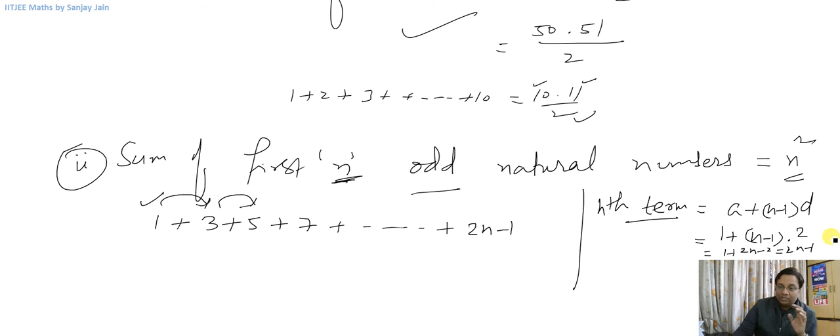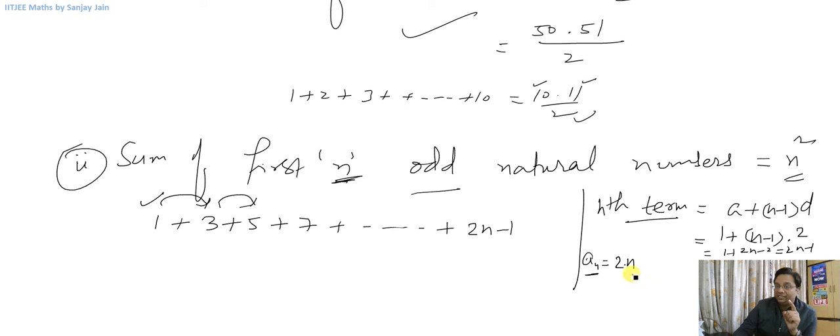Otherwise, we also discussed that the nth term of an AP is a linear expression in n with the coefficient of n being the common difference. Now we know that the common difference is 2. So my nth term will have this 2n in its expression, right?